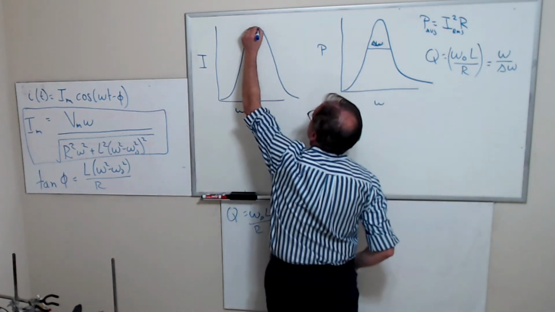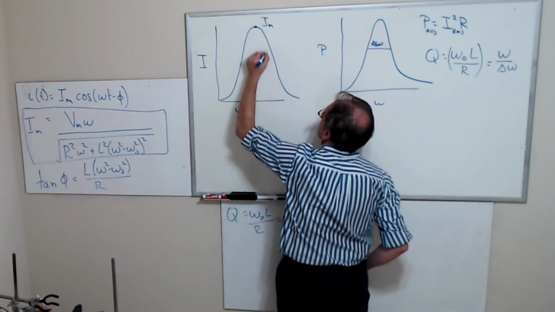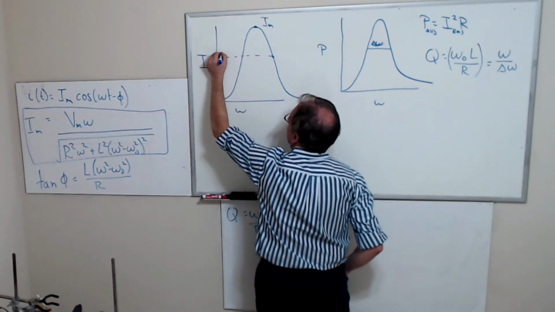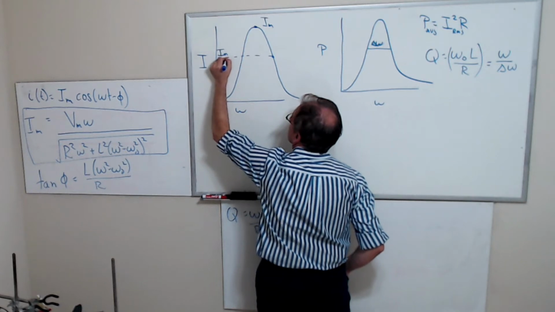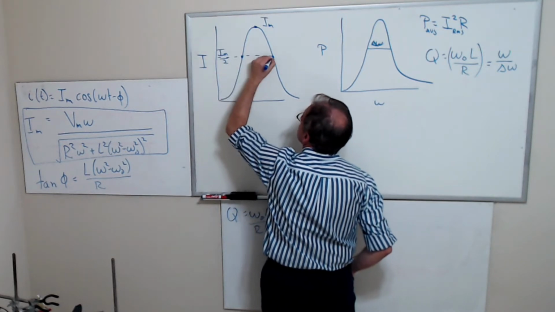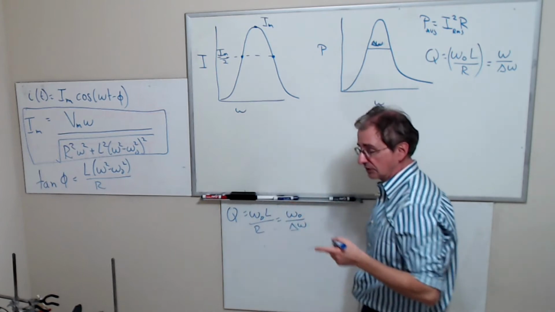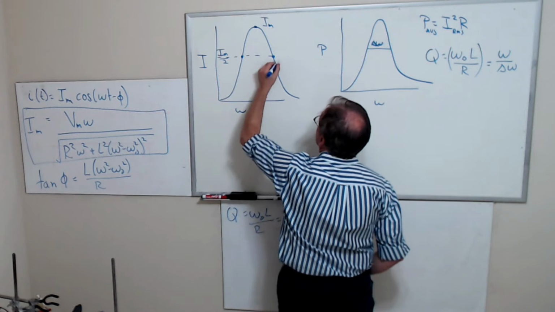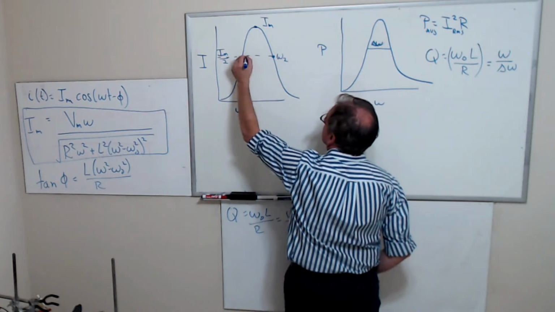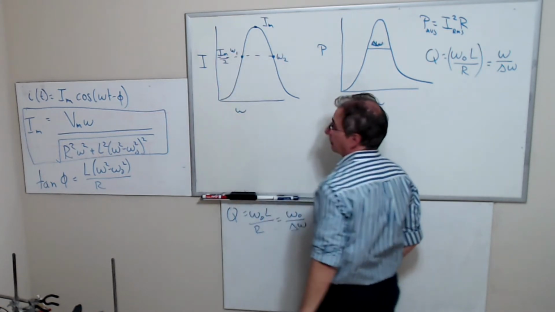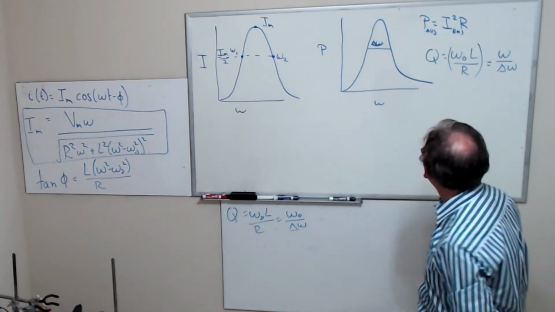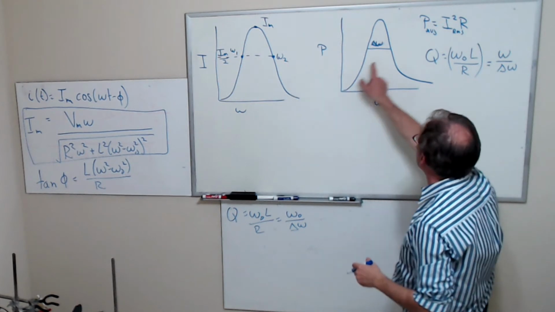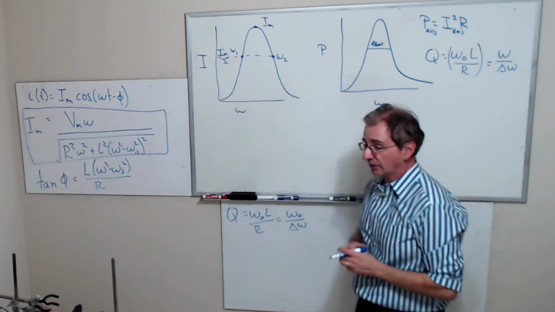If this is I max and this is I max over 2, you see that there are two frequencies at which you get half the maximum current. We'll call this omega 2 and this omega 1. The difference between those two is delta omega. But this delta omega is going to be different from this one because it comes from a different graph.